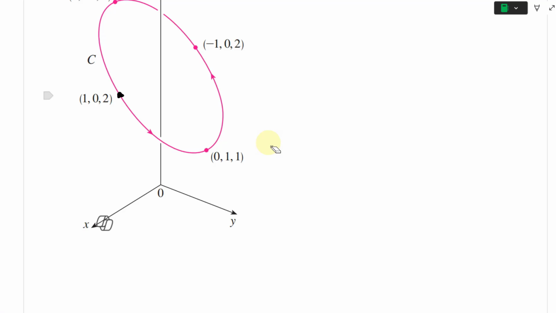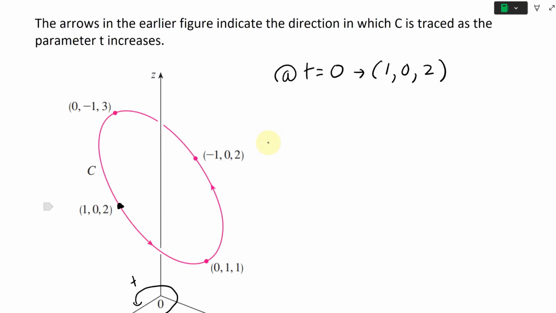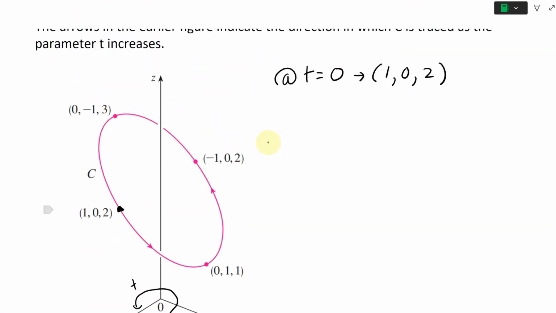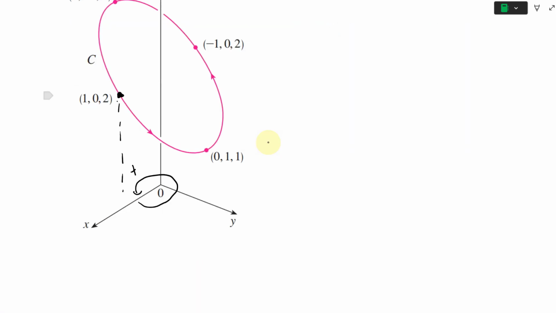I'll just draw the full thing like that. So that's our t, going around in a circle, and this is the first point. It starts off right here, and then the next one, and so on.